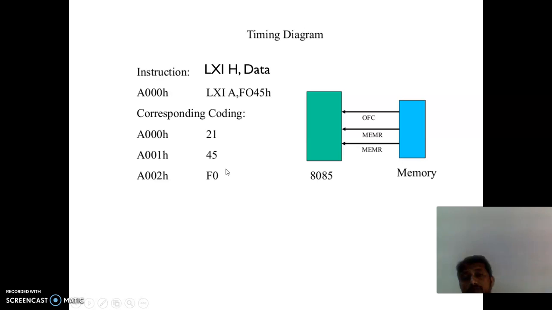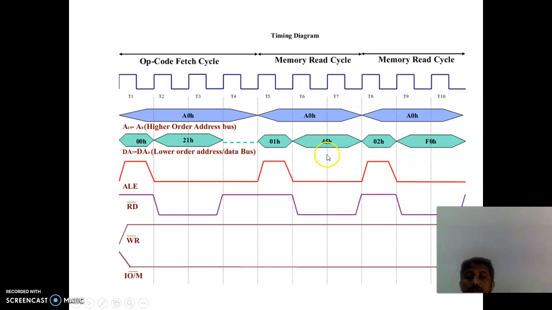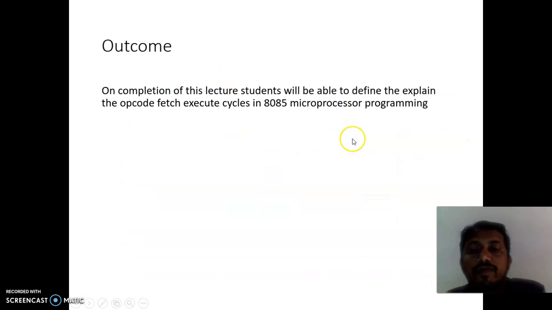For this one, we go for an example shown over here. After the opcode fetch, there is a memory read for the lower order memory address and a read for the higher order memory address. A similar timing diagram is shown over here: opcode fetch cycle, memory read cycle, memory write cycle, memory read cycles, and opcode fetch cycle.